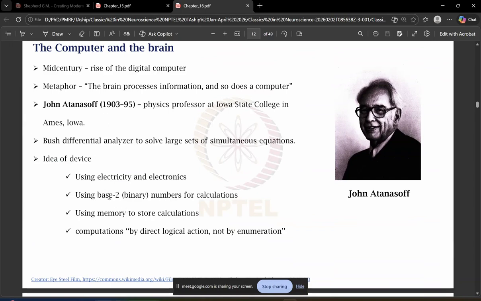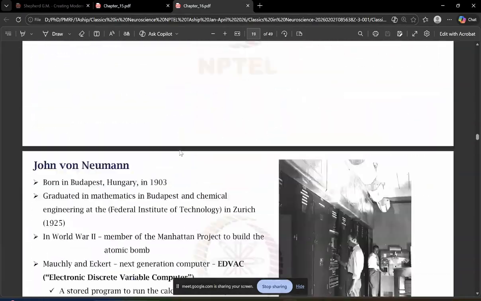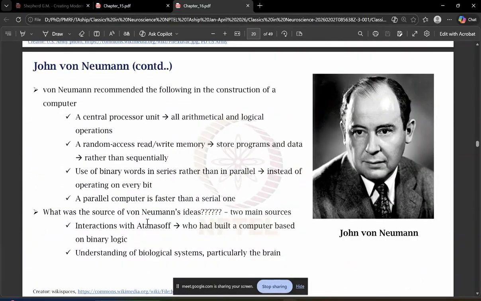John Atanasov was trying to use binary numbers for building his digital computer, so it is possible that von Neumann was influenced by Atanasov's ideas on using binary logic when proposing the EDVAC.